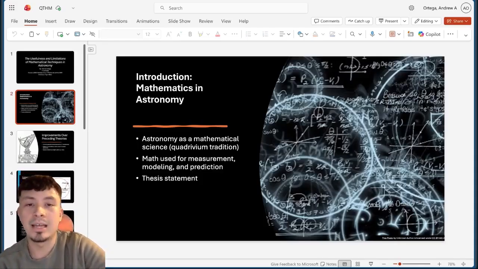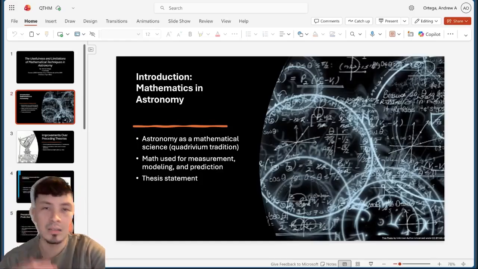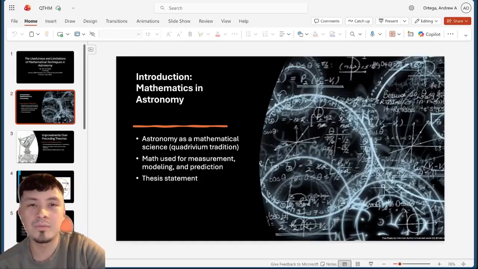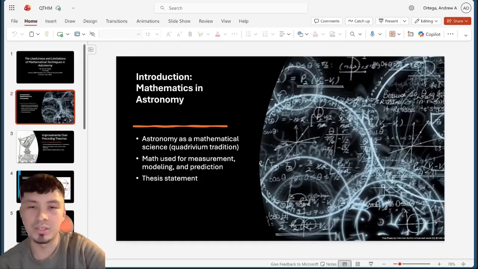It also comes with limitations that appear when mathematical models exceed or contradict data that's already available. All right.